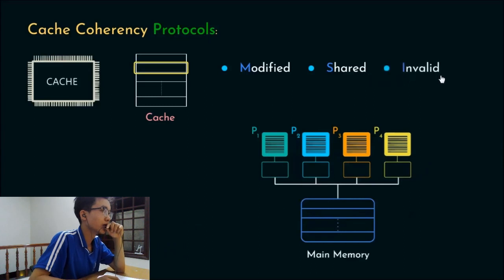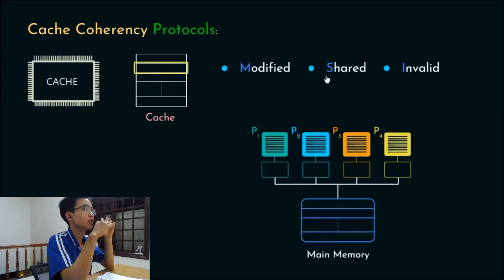Now, basically, when we first fetch some memory into our own processor caches, the state of that particular cache line is set to shared. Now, if our processor decides to update a particular line's content, we proceed to modify it.